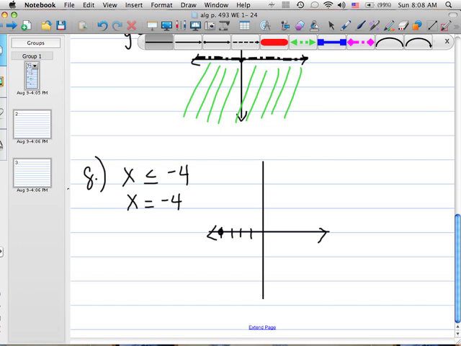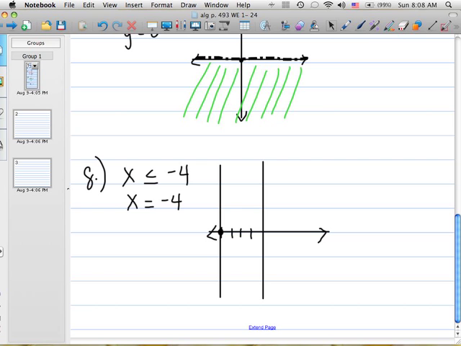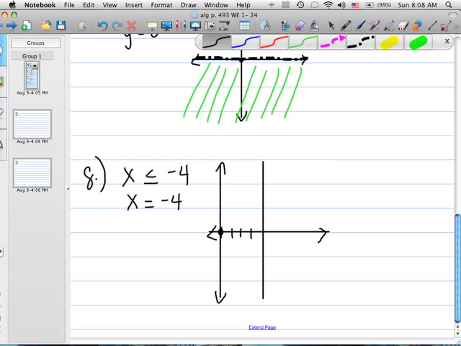Every vertical line contains every point that has x is negative 4. And it's solid since we had less than or equal to. And it says we want it less than, that would have to be to the left. So any ordered pair to the left of that line, including that line, has an x value less than or equal to negative 4.